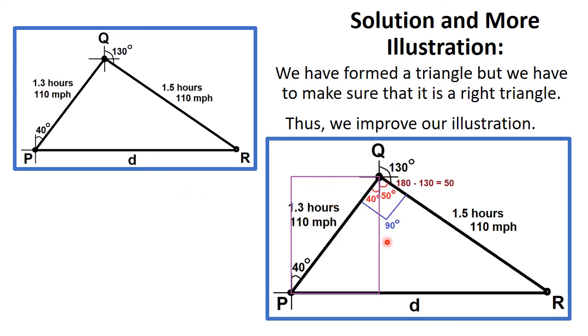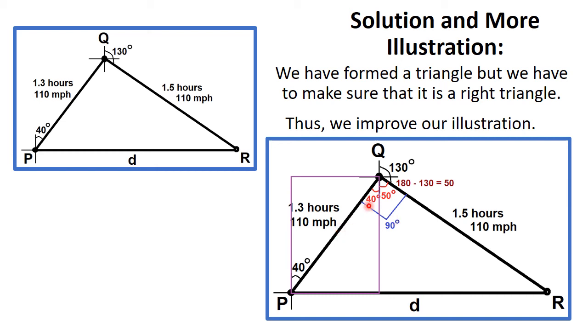Look at the purple rectangle. Just like in our previous example, if this angle is 40 degrees, then this angle is also 40 degrees. Now for the other part of the angle, and just like in our previous example, we subtract 130 degrees from 180 degrees, the measure of the straight angle, so that we have 50 degrees.